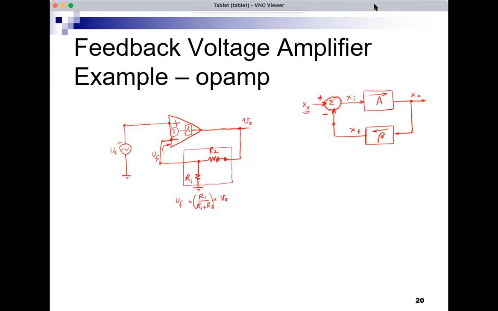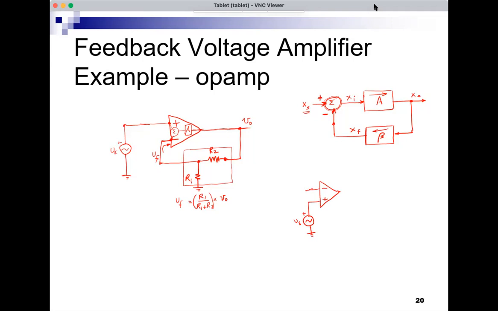Now let's see. This actually looks familiar. If you look carefully at this and redraw it, flip the op amp, let the minus be above. Let this be minus here and plus here. So VS is here. I'm just redrawing the circuit. It's the exact same thing. And this is VF.